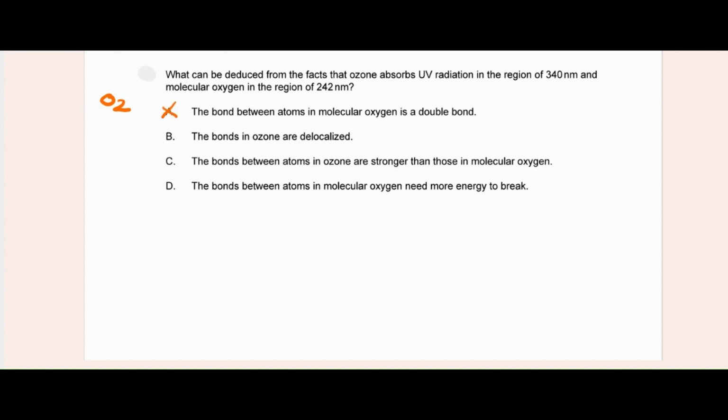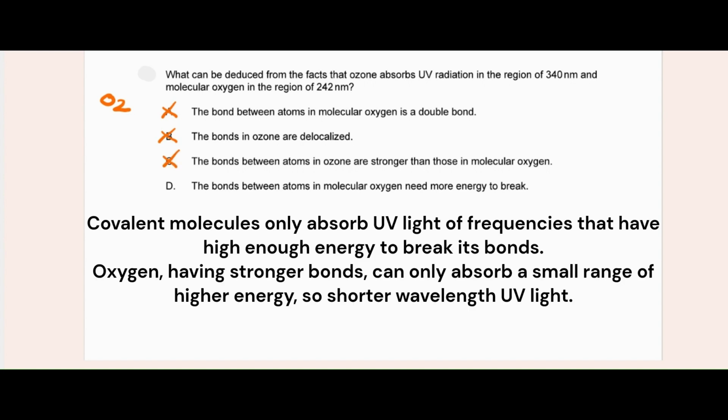The bonds in ozone are delocalized. Yes, they are, but again, we can't deduce that just from the question. The bonds between atoms in ozone are stronger than those in molecular oxygen. Well, that's untrue. So that leaves us with D. The bonds between atoms in molecular oxygen need more energy to break.